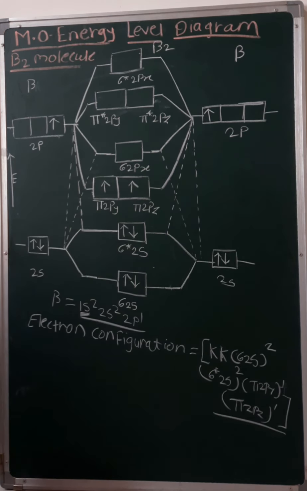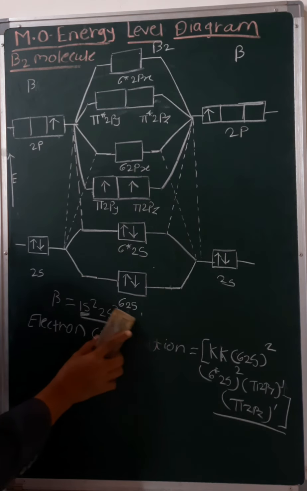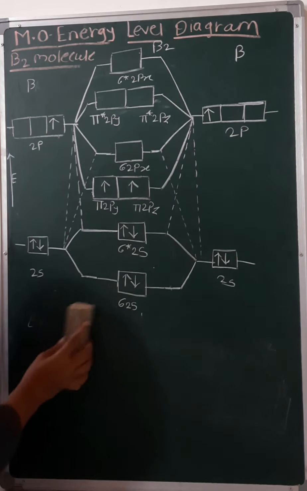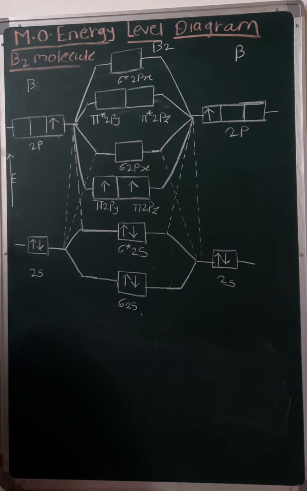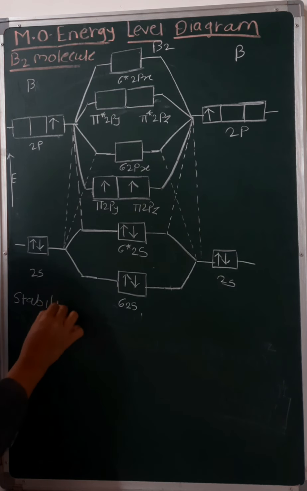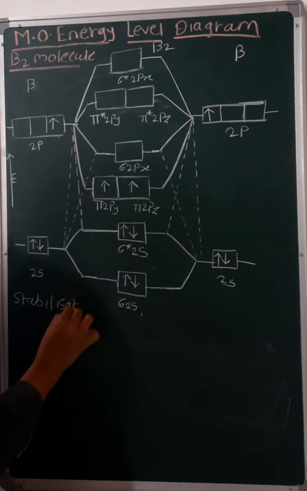The next point is the stabilization energy. From this molecular orbital energy level diagram, we have to calculate the stabilization energy of the boron molecule.